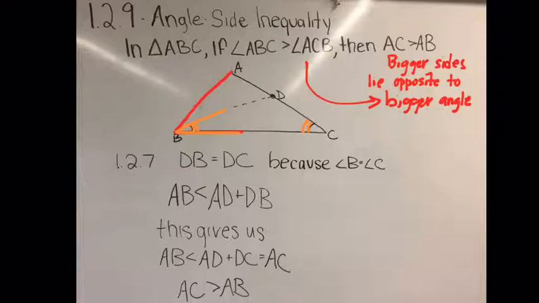And because these two angles are the same as one another, we construct an isosceles triangle according to the theorem that we just looked at. So this is isosceles because of 1.2.7. But then because that's an isosceles triangle, DB is equal to DC.